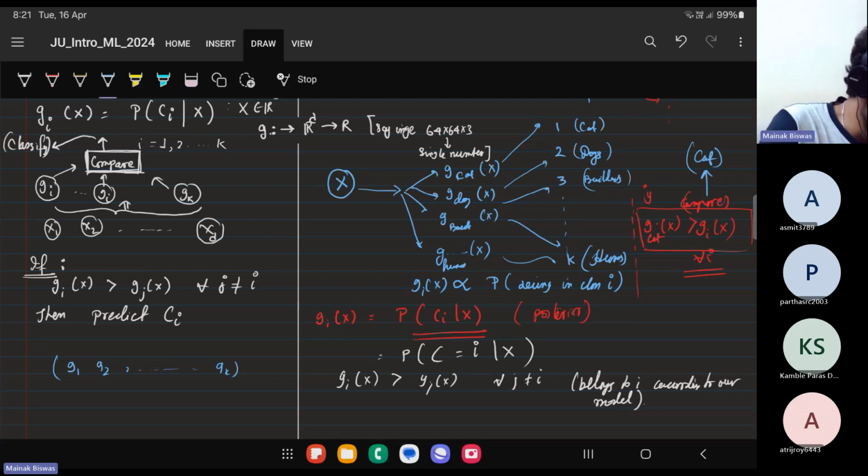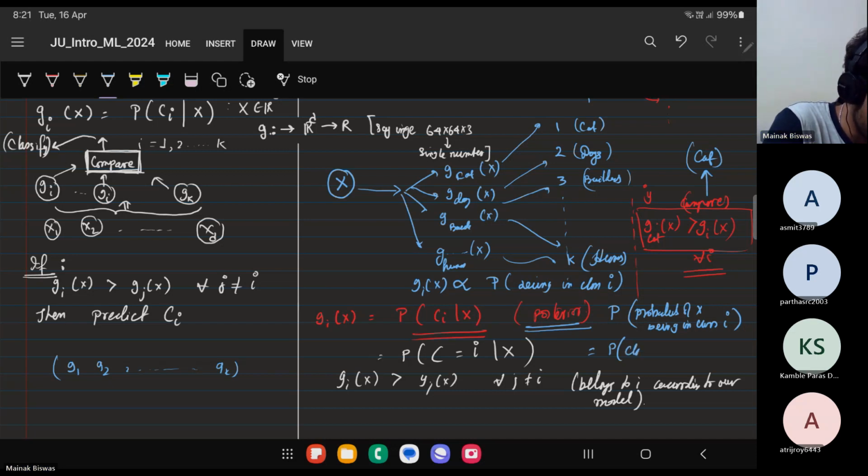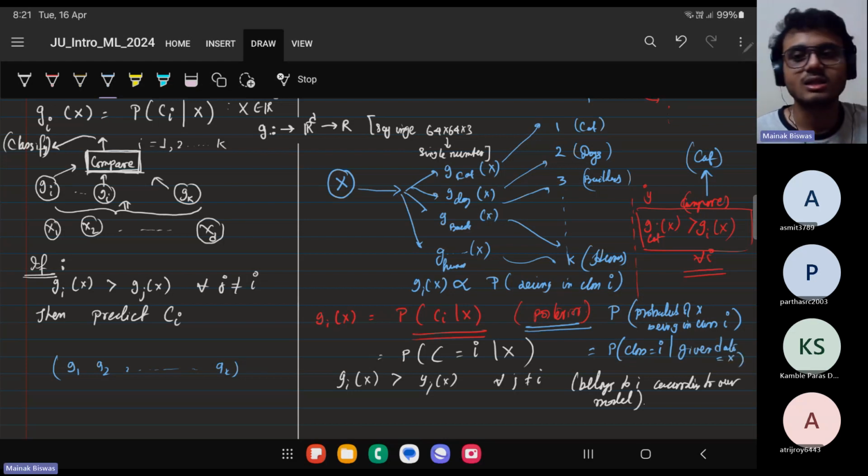Think of it this way: this is the probability of X being in class i, which you represent as the probability of class equal to i given data equal to X. Is it okay?